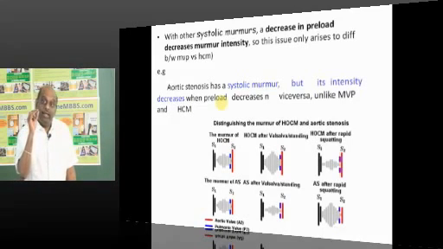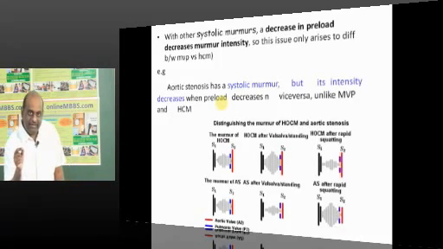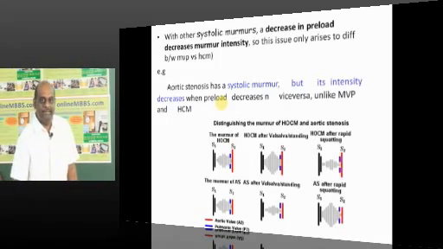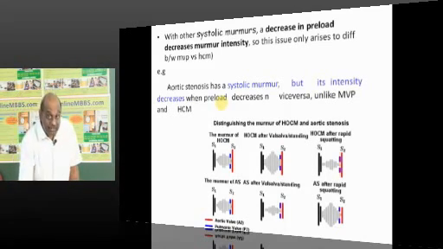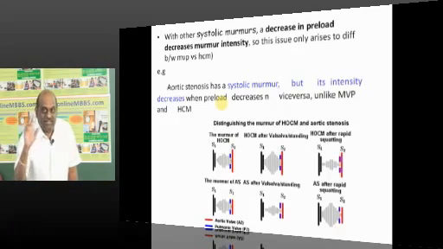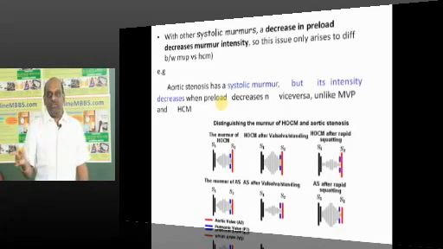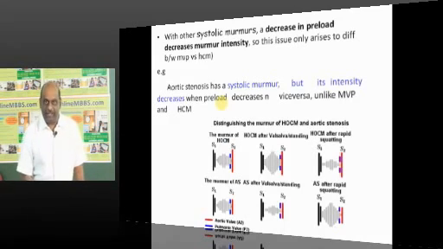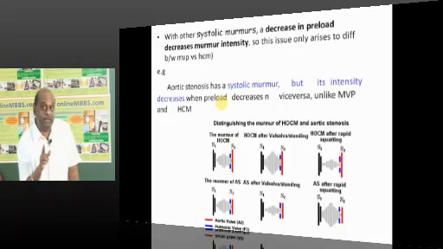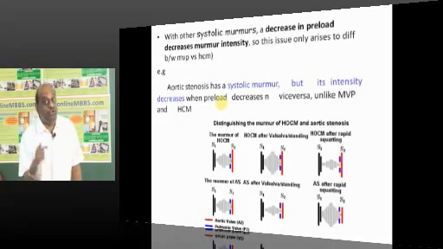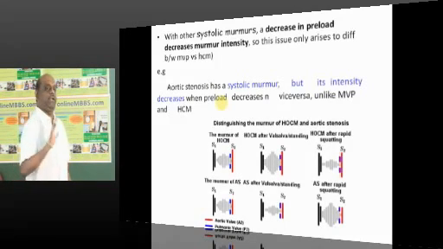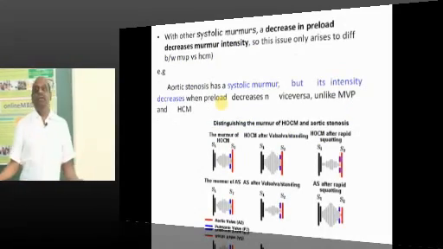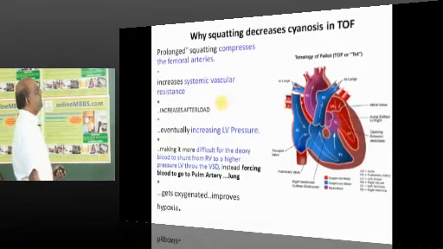So the systolic murmur of aortic stenosis will decrease if you decrease the preload, but the systolic murmur of HOCM will increase if you decrease the preload. The MVP systolic murmur will also increase if you decrease the preload. The systolic murmurs of MVP and HOCM will increase if you decrease preload, but the aortic stenosis systolic murmur will decrease, because decreasing preload is decreasing the blood flow across the stenotic valve, is what you need to ultimately remember. So that's how you will carry on your differential diagnosis.